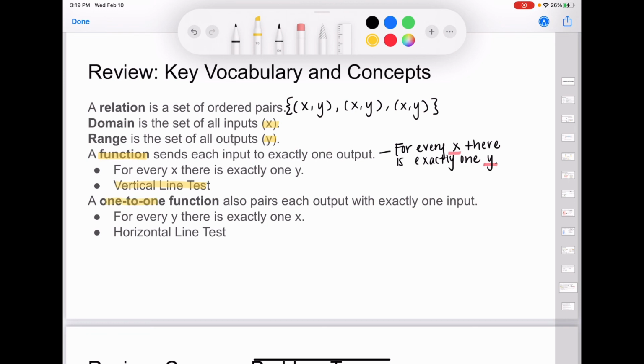Then we have a one-to-one function, which basically says it pairs each output with exactly one input. So for every y, there is exactly one x. And if you were to identify this in a graph, then you would use the horizontal line test.